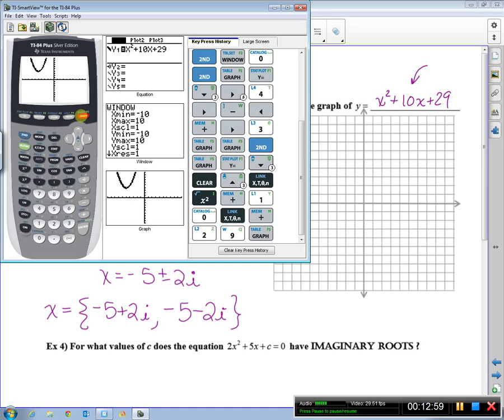Awesome. There it is. My axis of symmetry, negative b over 2a, would be at -5. And you can see that there in the picture.